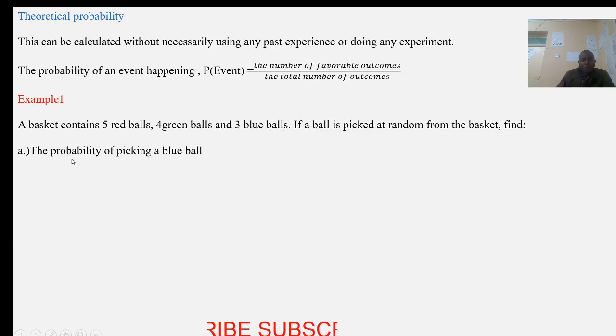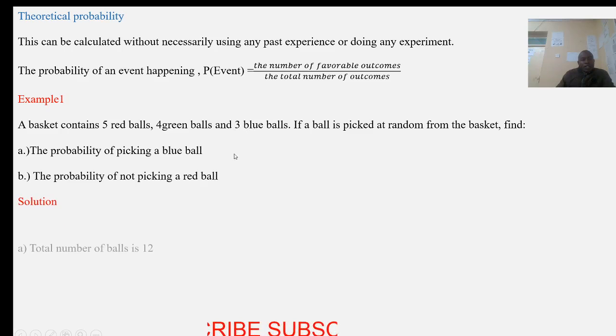Then we find the probability of picking a blue ball, and the probability of not picking a red ball. Remember that all the balls are 5 plus 4 is 9, plus 3 to get 12. That's the total number of outcomes.